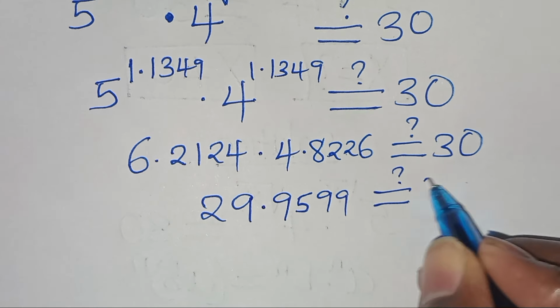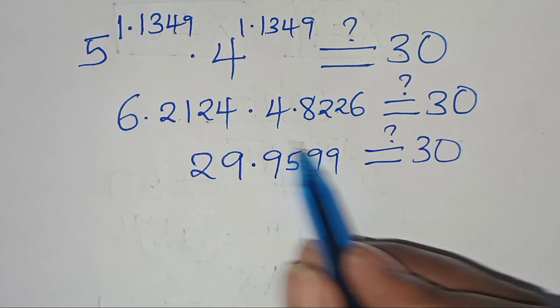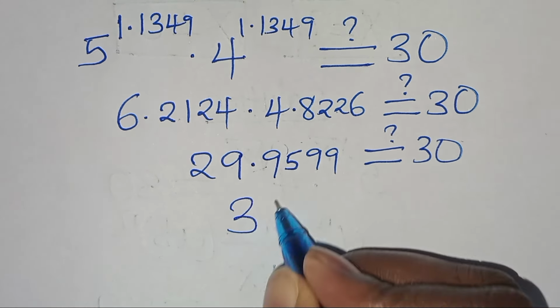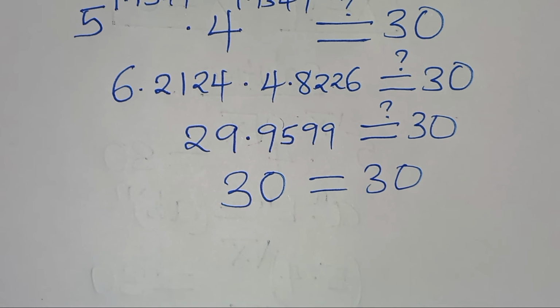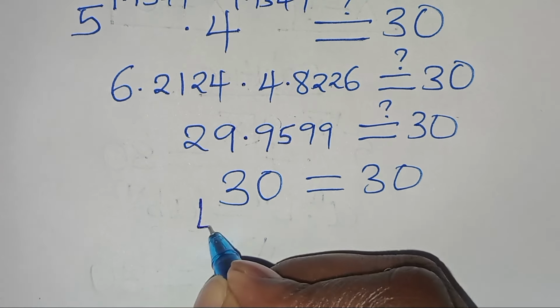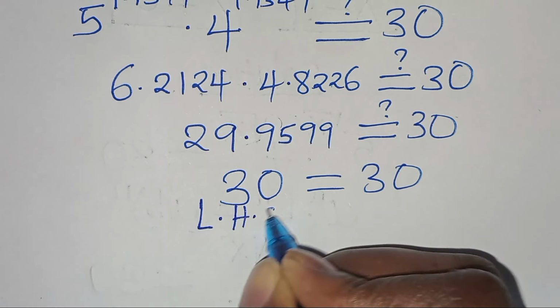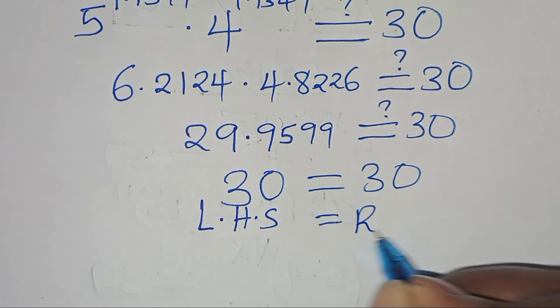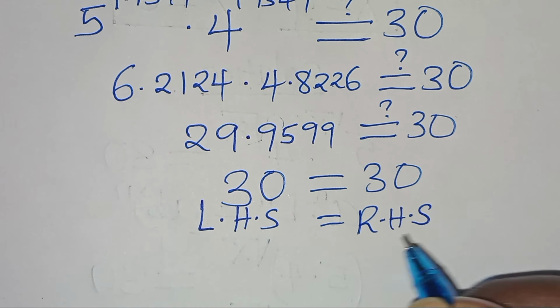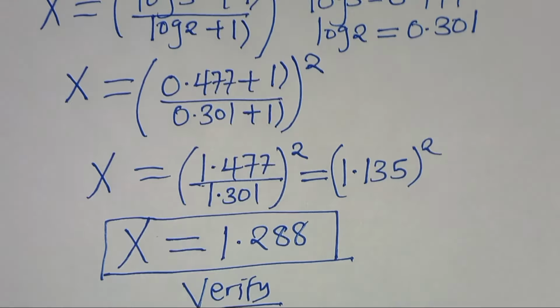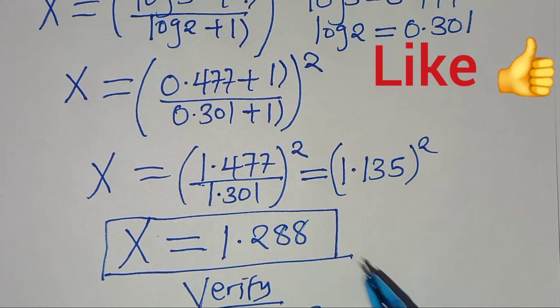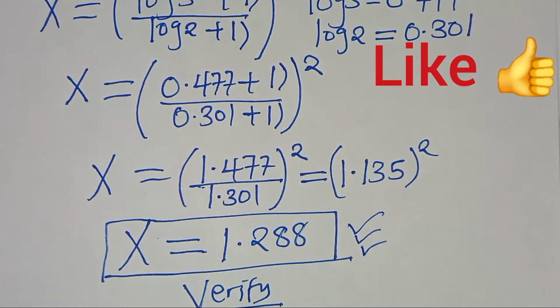If we round off, this is the same thing as 30. And this implies that the left-hand side is equal to the right-hand side, and the value of x, which is 1.288, satisfies the equation.